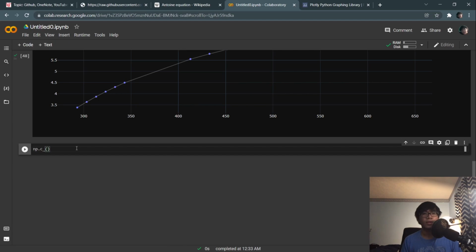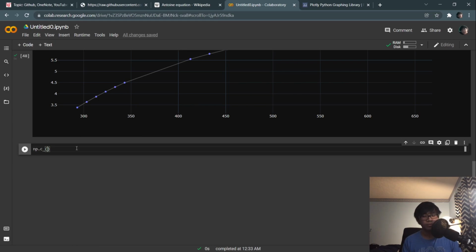The default is, I believe, row-wise. So we don't really have to add anything.